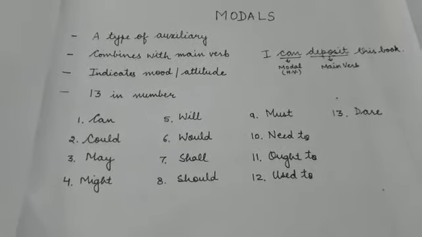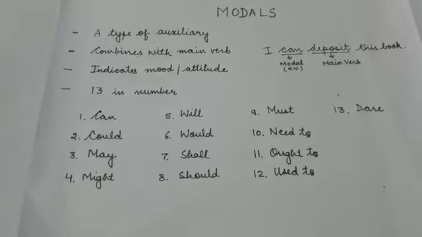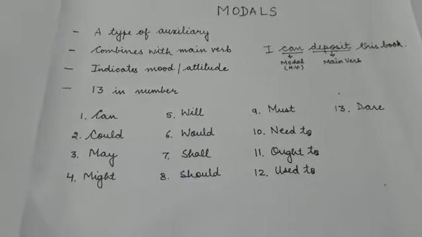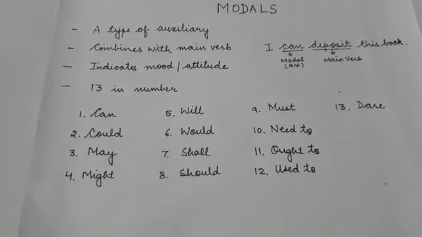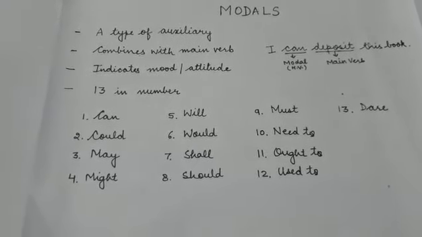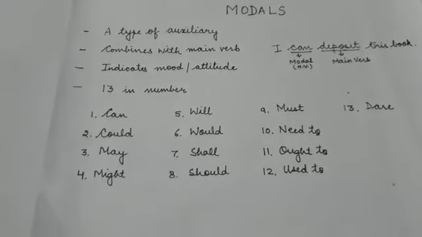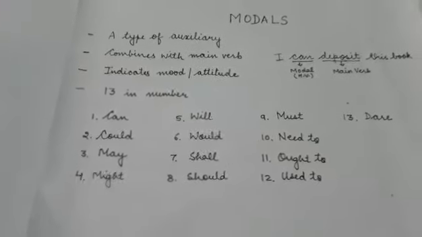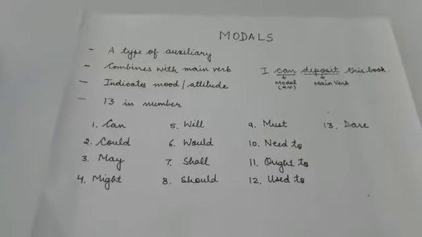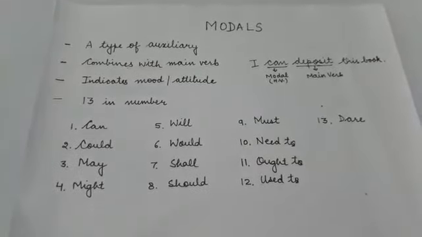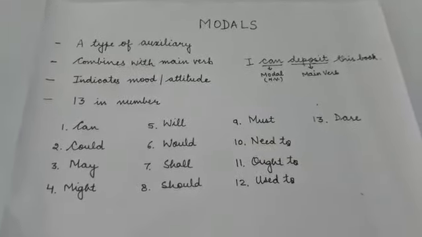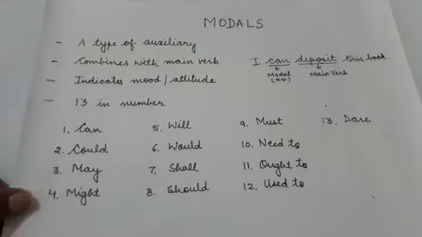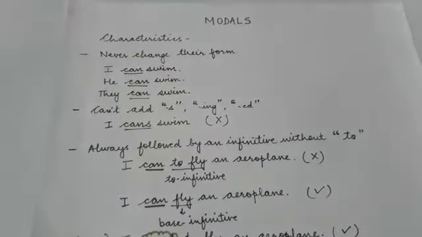And they are 13 in number, as you can see: can, could, may, might, will, would, shall, should, must, need to, ought to, used to, and dare.